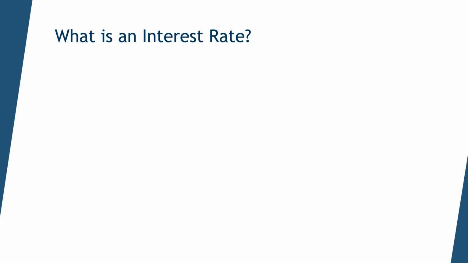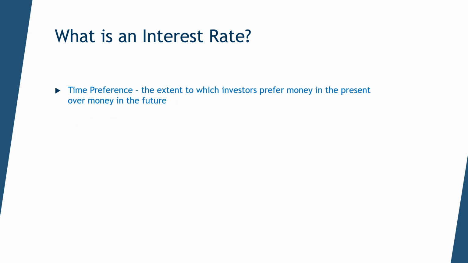So what is an interest rate, or how do we think about interest rates? Well, one way of thinking about it is a time preference. We are trading off money in the present with money in the future, and the interest rate is the mechanism, it's the plug that will equate the two, present money and future money.